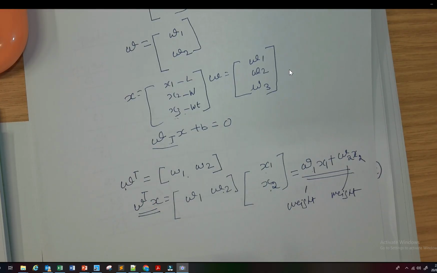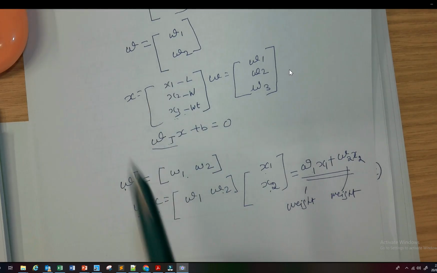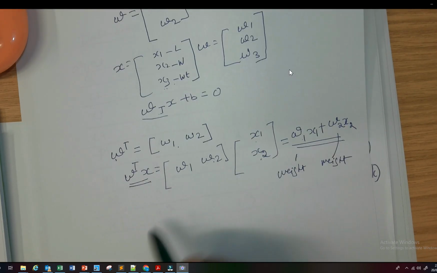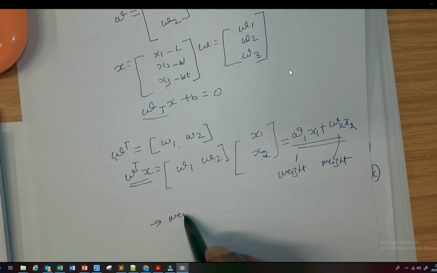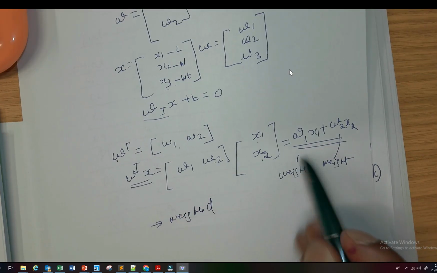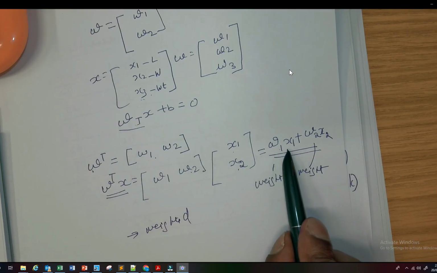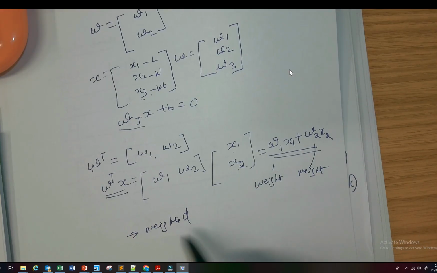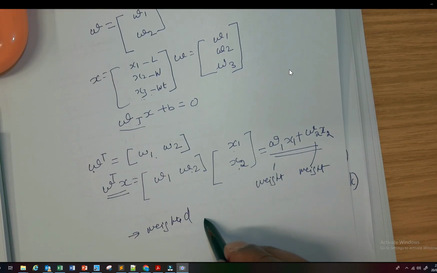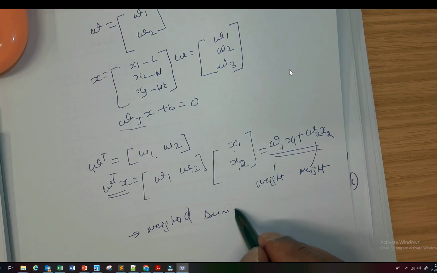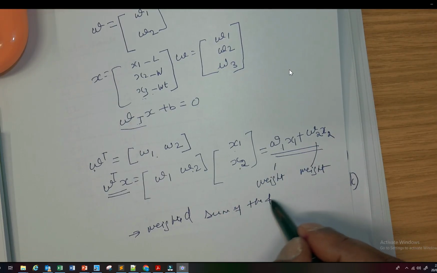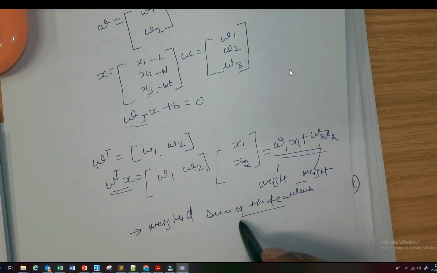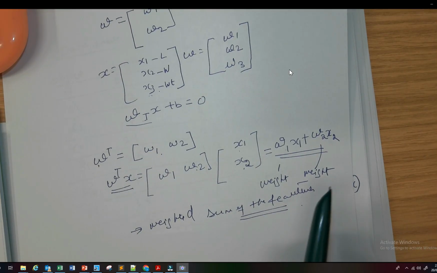This is just a dot product of w and x. We are multiplying a weight to each feature and then summing it up, so we can call that a weighted sum of the features.